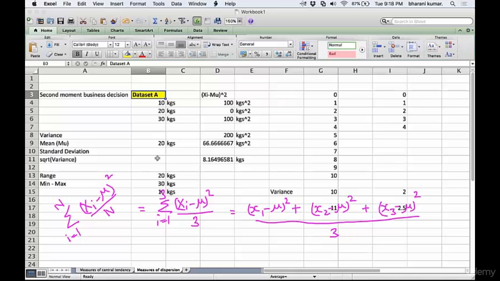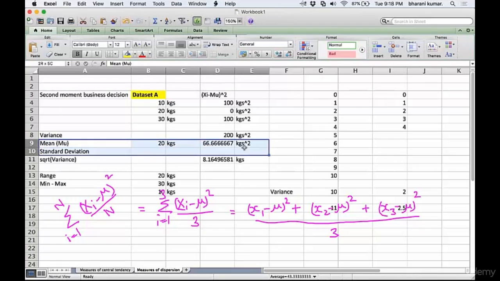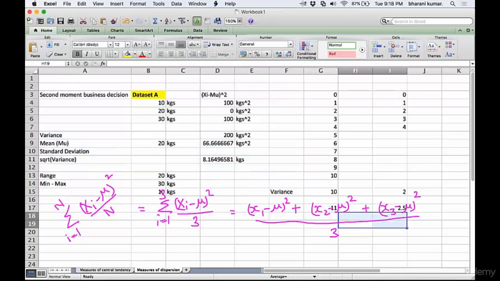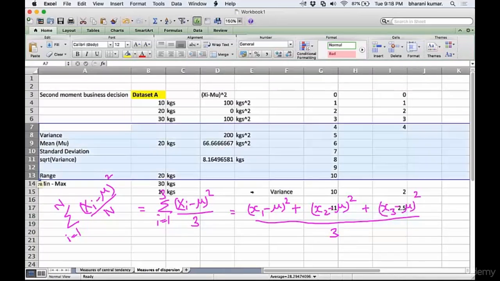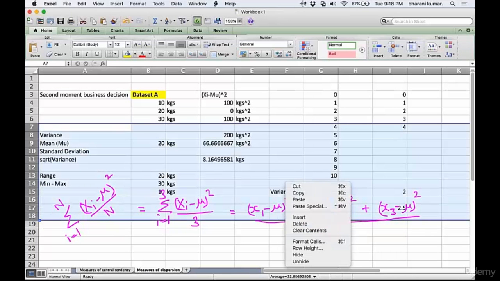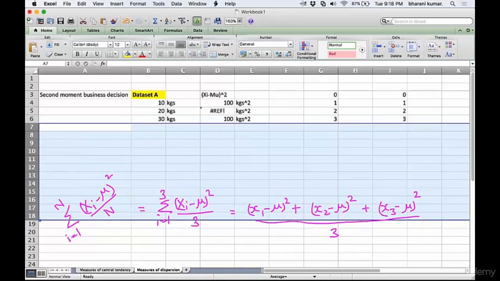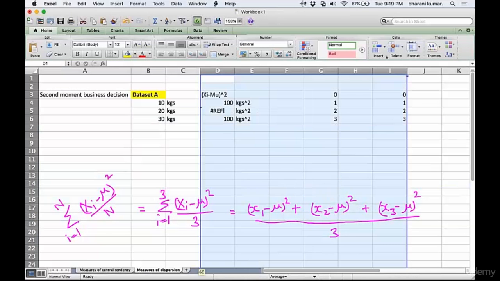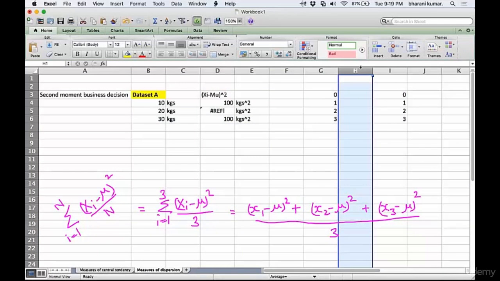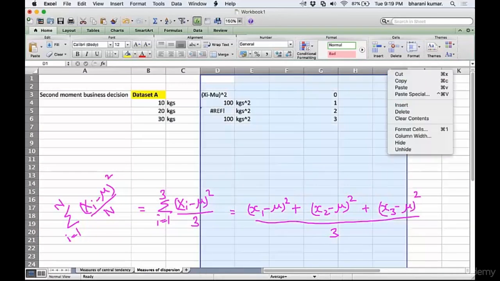Now let me try to erase all these values and do it right from the scratch. I'll remove all these values. Just give me a moment. So I've removed all these values.